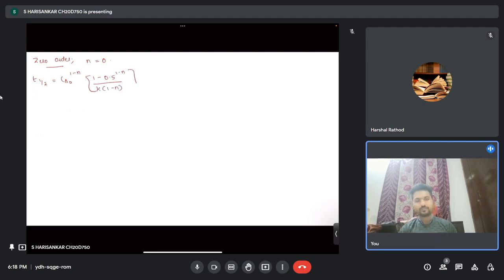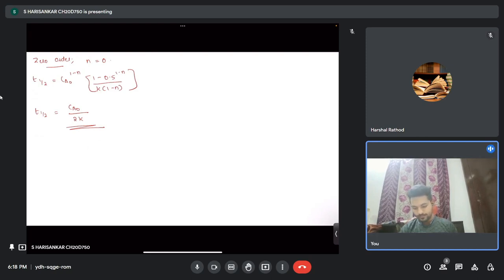We just have to substitute all these n's as zeros and we'll get T half is equal to Ca0 by 2k. So this is the half-life for a zero order reaction.